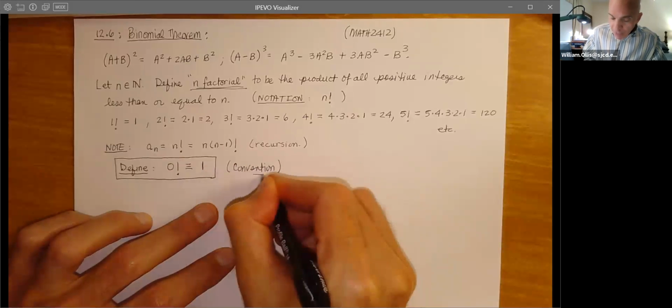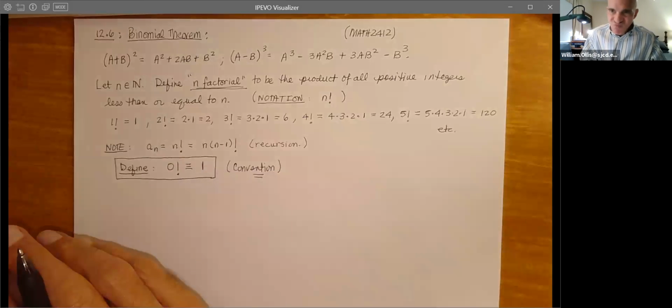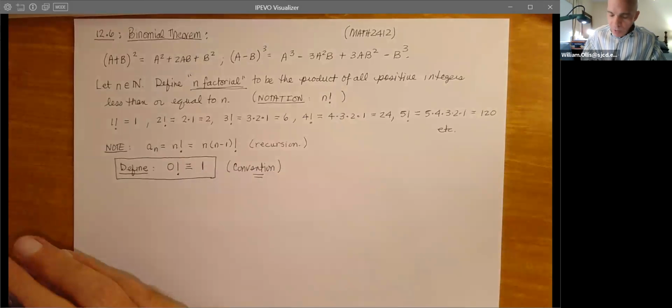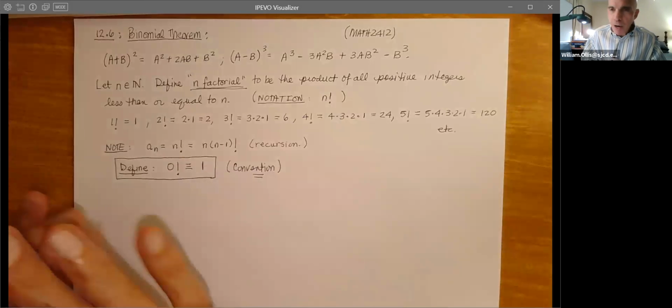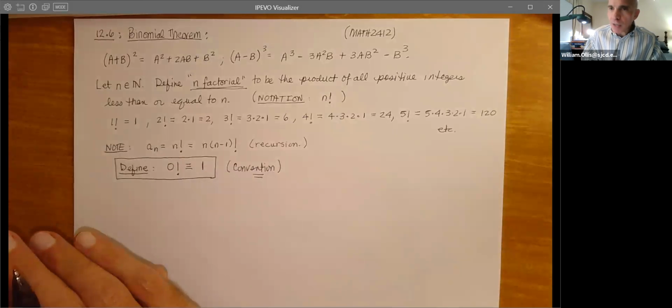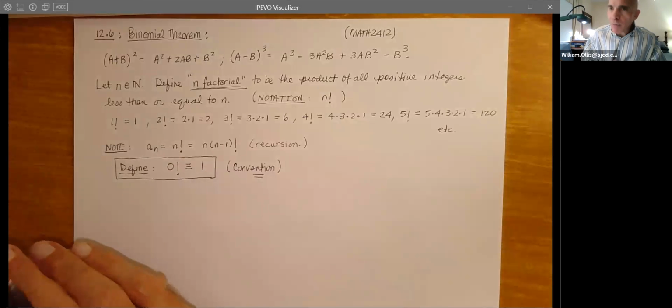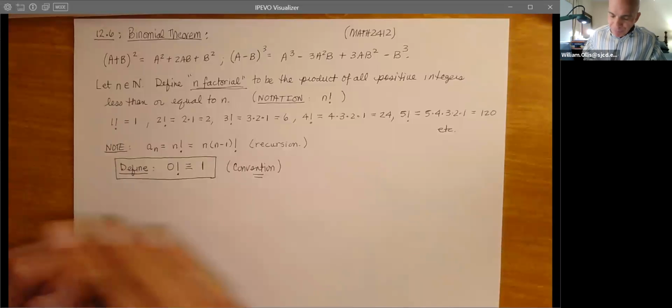Just like we have conventions in trigonometry and the conic sections, we have to state some rules. So in order to keep all of our mathematics correct, we're going to be very happy to have 0 factorial defined as 1.